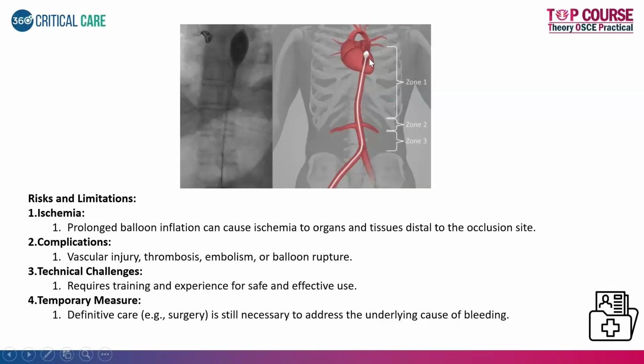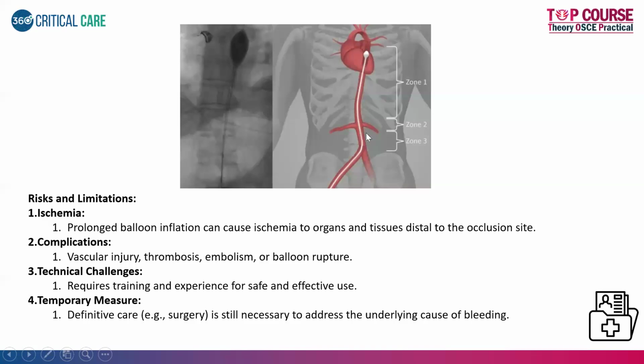Why it's 60 minutes here is because within 30 minutes itself you should try to find the source of bleed and arrest it as much as possible. Beyond this, indirectly it would definitely affect the abdominal viscera and the kidneys. So it's a life-saving procedure. Zone 2 definitely no, because it directly affects the kidney, but if you cannot do anything, you can still use it here also. The best position is infrarenal.